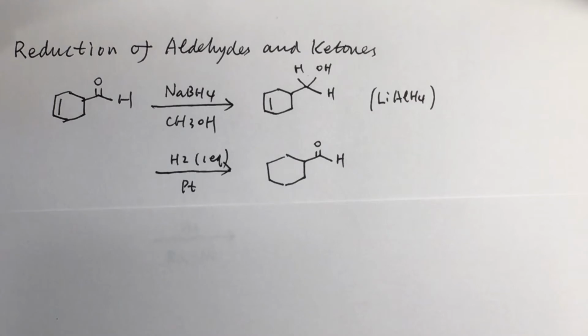What if I want to reduce both the carbon-carbon double bond and the carbon-oxygen double bond? What you can do is treat this compound with Raney nickel under catalytic hydrogenation conditions. Raney nickel is a finely divided hydrogen-bearing nickel. It is made by treating a nickel and aluminum alloy with strong sodium hydroxide solution.